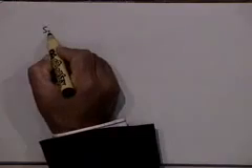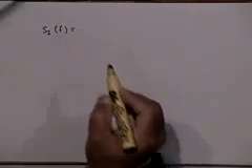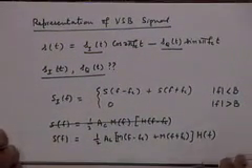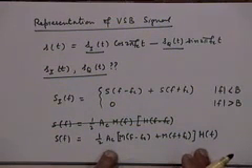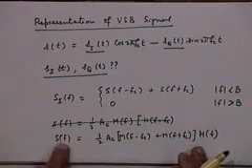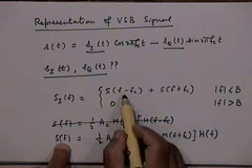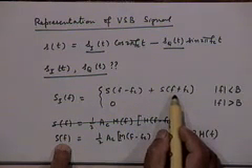So this would then become S_I(f). Would you be able to tell me what it will be? If you remember, we had also discussed the nature of S(f − fc) plus S(f + fc).